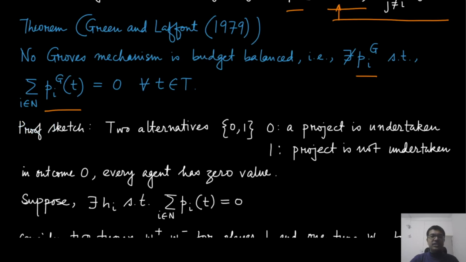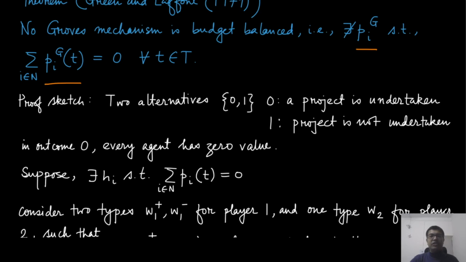So let us look at again a very simple proof sketch, considering two alternatives. Suppose this is a public project, and if the project is undertaken, that is, the alternative that is picked is 1, then the players get some kind of a positive valuation.